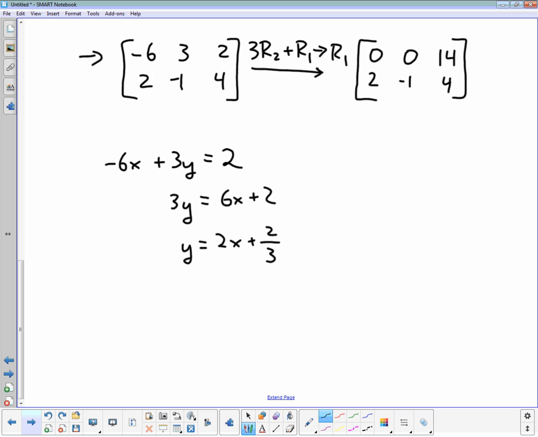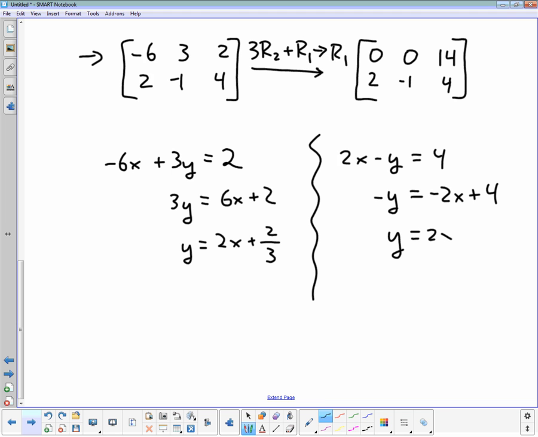So if I wanted to graph it, that's what the first line would turn out to become. 2x minus y equals 4. Negative y equals negative 2x plus 4. y equals 2x minus 4. And notice what happened.